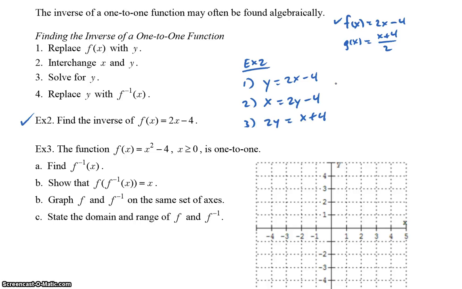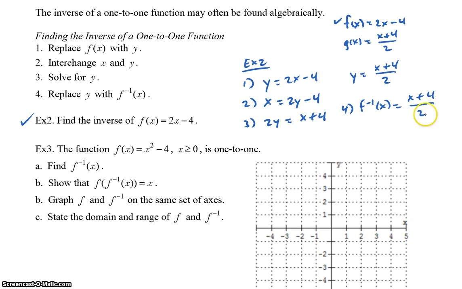And then we're still in step 3, solve for y. y equals x plus 4 over 2. And then as our final step, use the new notation, f inverse of x, to represent this function.